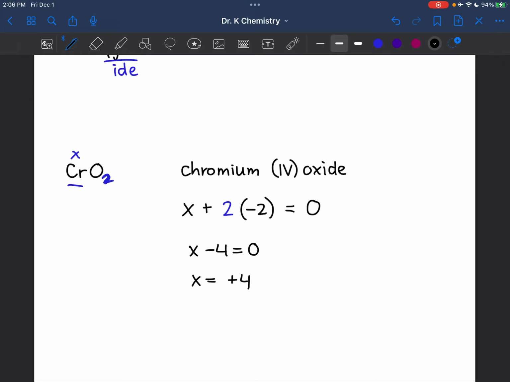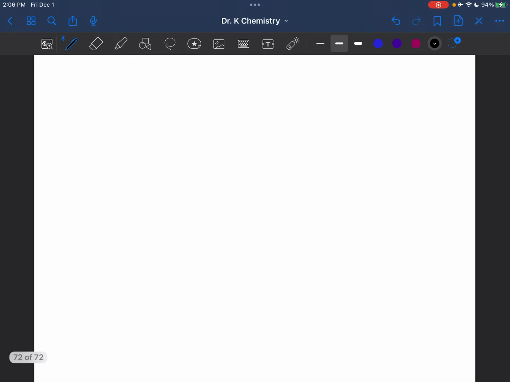Let's try one more example. Okay, so this will also be a chromium oxide, and let's figure out the charge on chromium here. As you might have guessed from the previous example, this will be a more challenging example where we can't just uncross the charges.